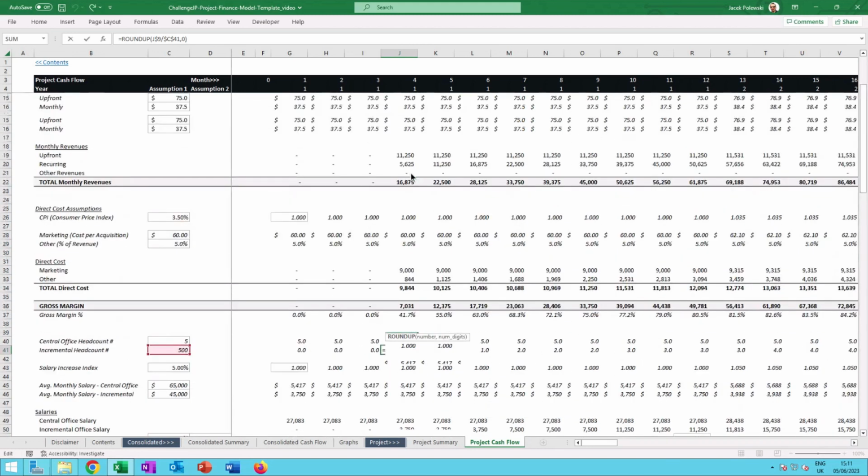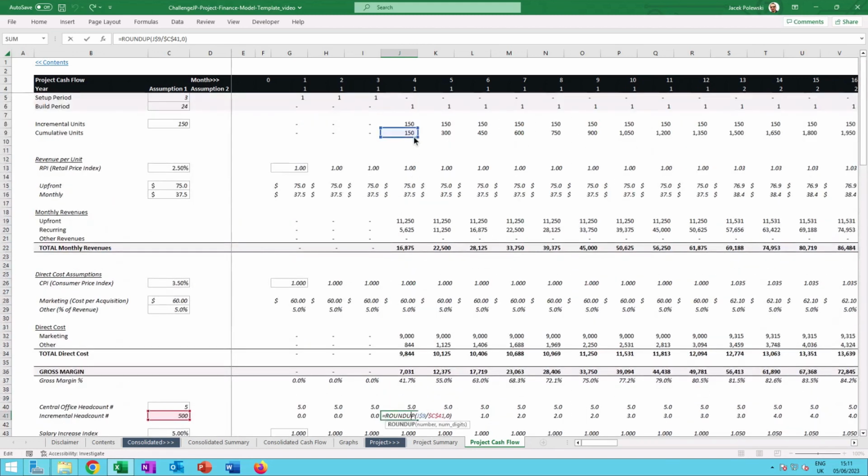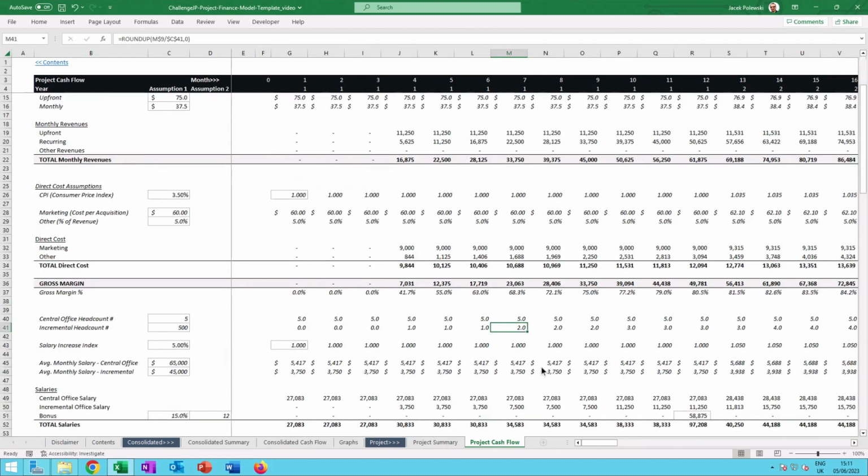You'll see that in here, and this is just rounding up. So as I start adding new customers, I need to add 1 more incremental headcount. I'm having 450 new customers here, and then 600 customers, so I cross that 500 threshold that I set in the model, and then you just add another headcount.